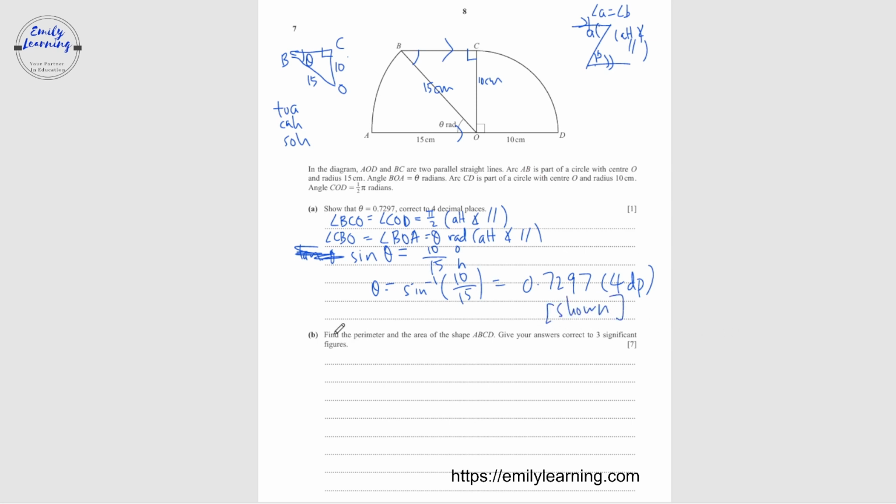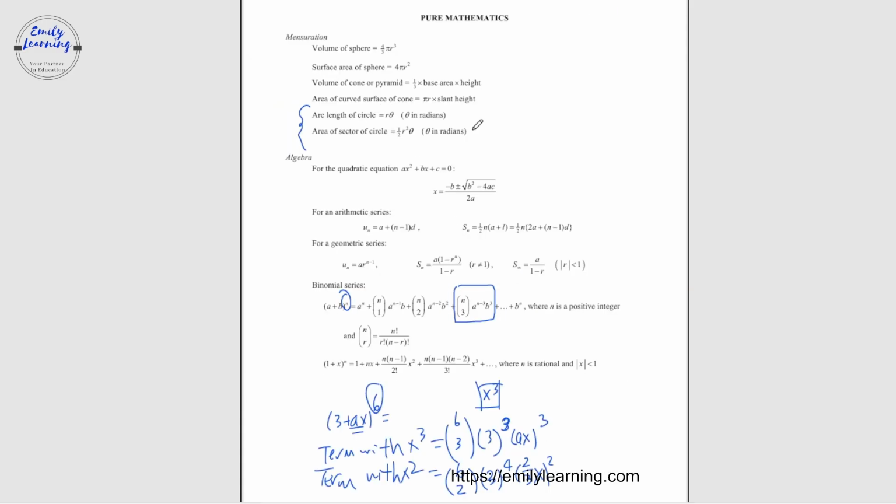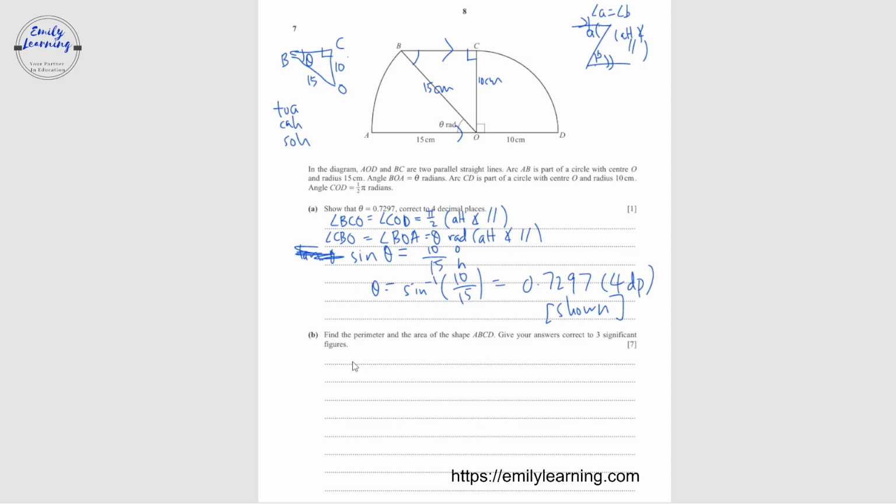Next, find the perimeter and area of the shape ABCD. Give your answers to 3 decimal places. So you're asked for perimeter and also area. To find perimeter, I need arc length AB, which is basically r theta, right? So let's start off with perimeter.